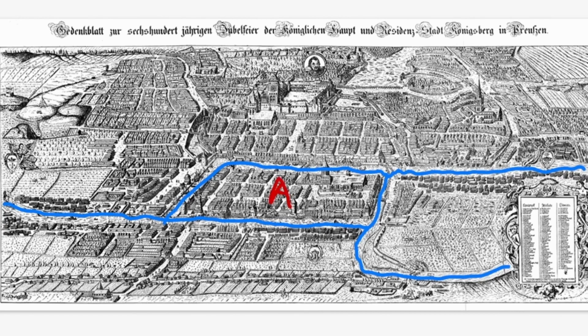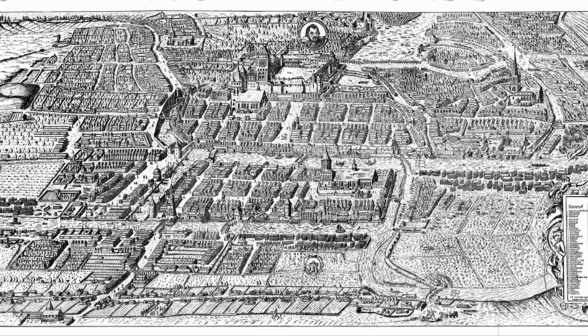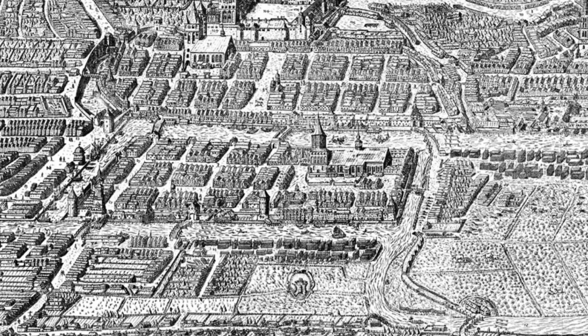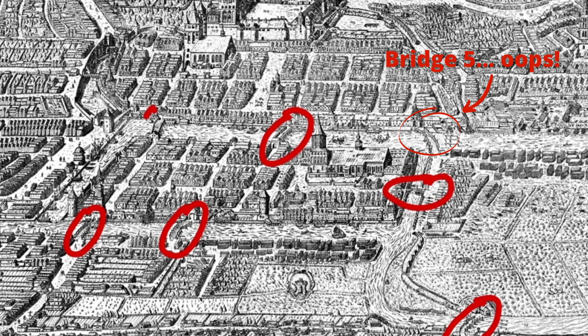We have an area called A, area called B, area called C, and an area called D. If we zoom in a little bit, we can see there's 7 bridges spanning the river and connecting the various areas of the city. For example, here's one, here's another one, here's the 3rd bridge, the 4th bridge, Bridge 6, and Bridge 7.